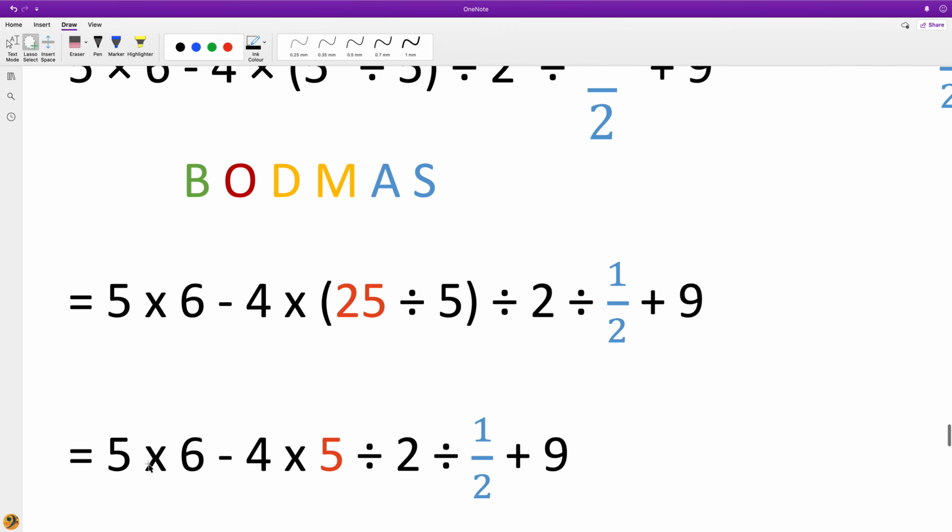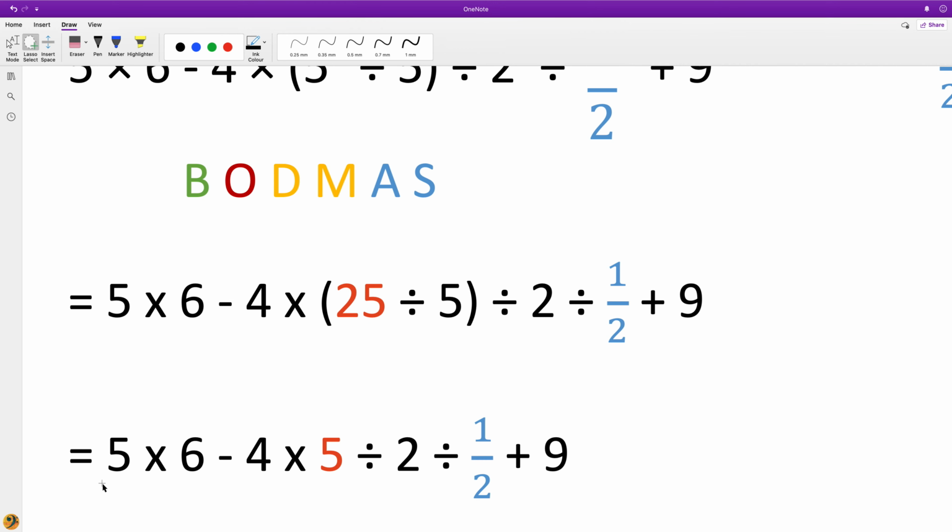So it was 5 times 6 minus 4 multiplied by 5 now, because this part here has simplified and evaluated out to be 5. And then we write out the rest of our operation, divided by 2, divided by a half, plus 9. So far, so good. We've got rid of the order and the brackets.